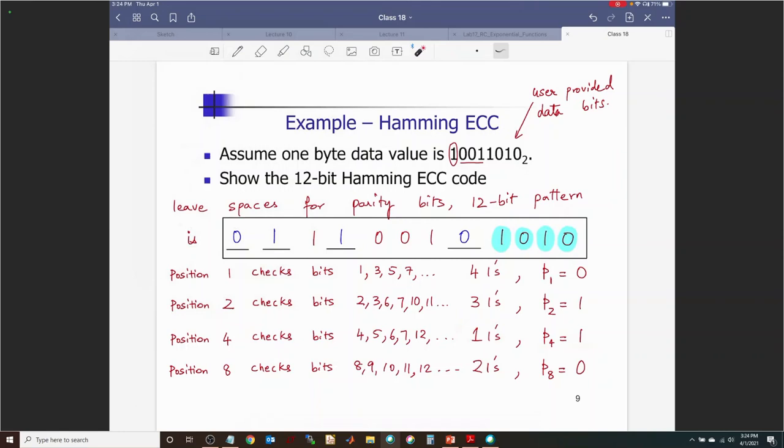I hope so far you've seen it work out systematically, but the real power of this code can be put to the test after deliberately putting an error into the code word. You will see how easy it is to detect and correct a single error.